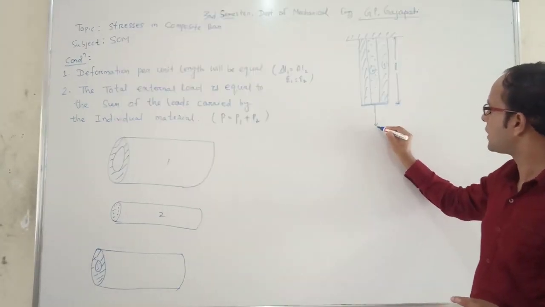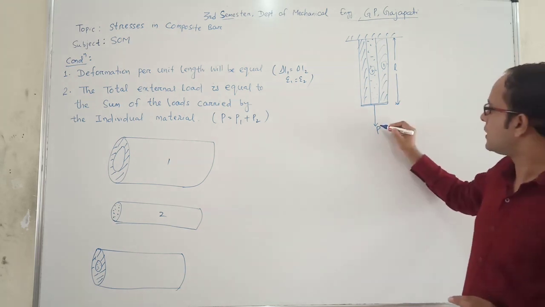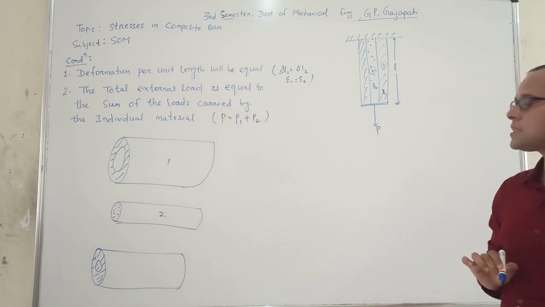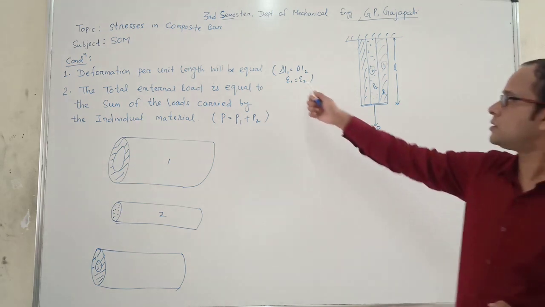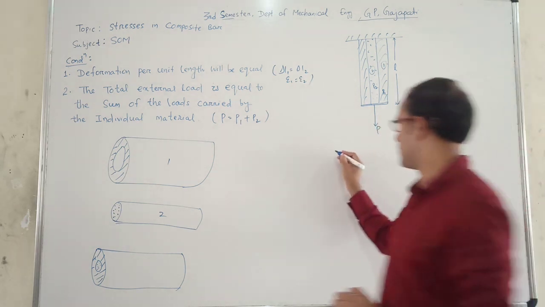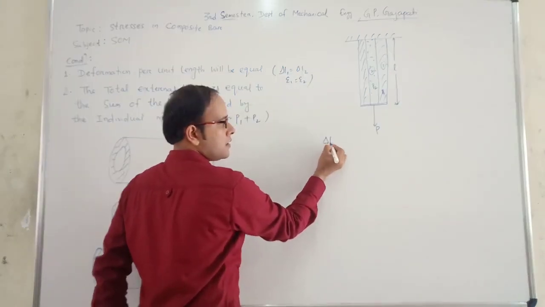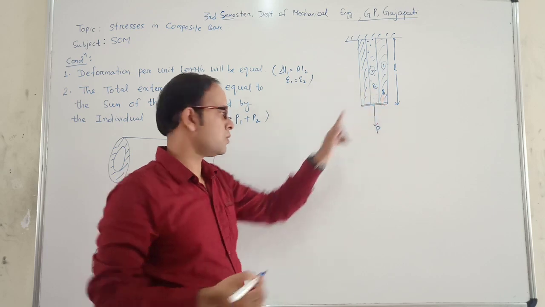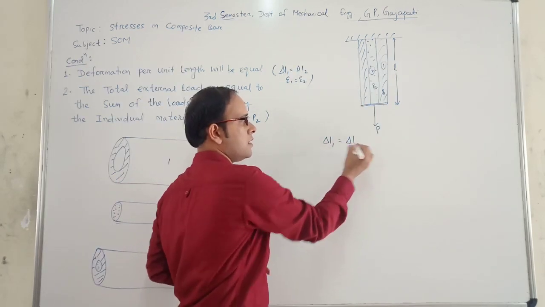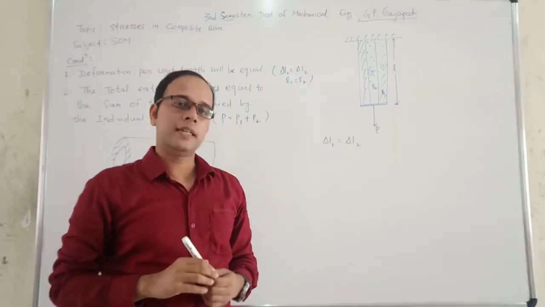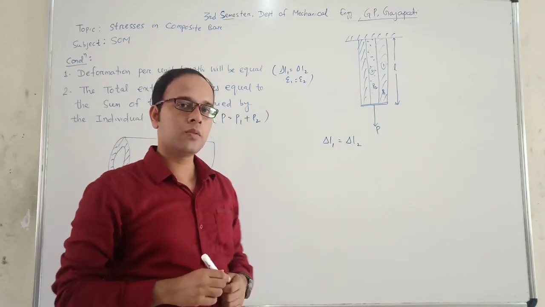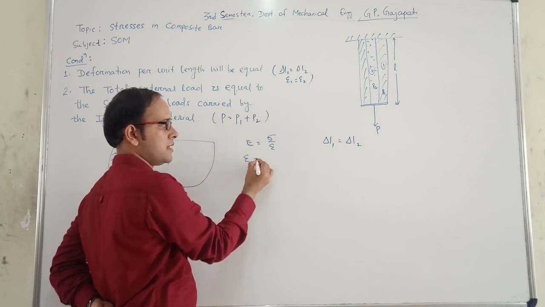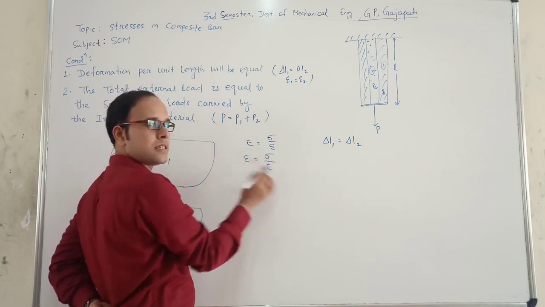Now I am applying P. Let the load shared by cylinder 1 be P1 and the load shared by cylinder 2 be P2. The change in length, that is the extension due to material 1, will be equal to the extension due to material 2. We know Young's modulus is stress by strain, so strain is stress by Young's modulus.